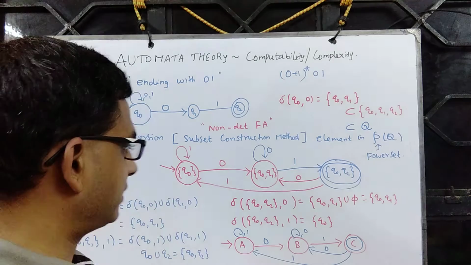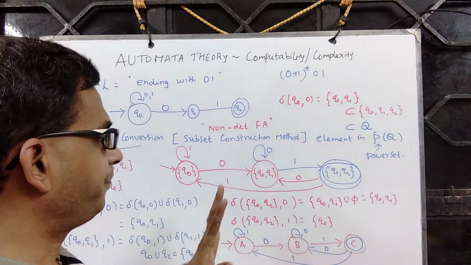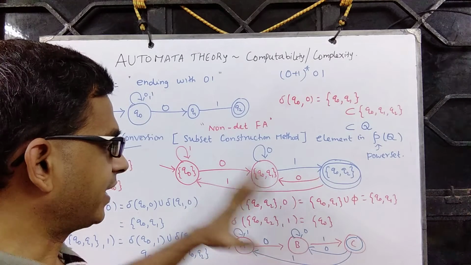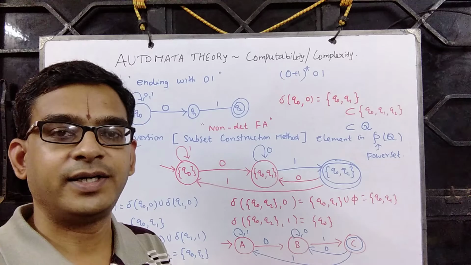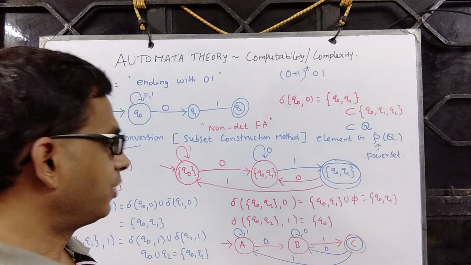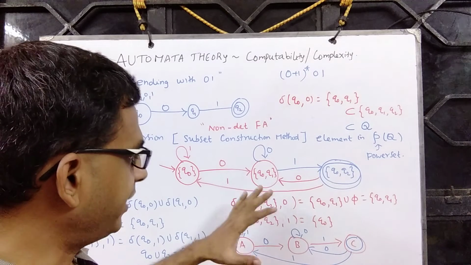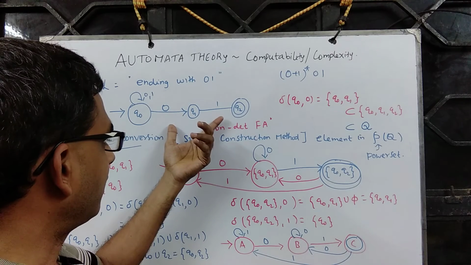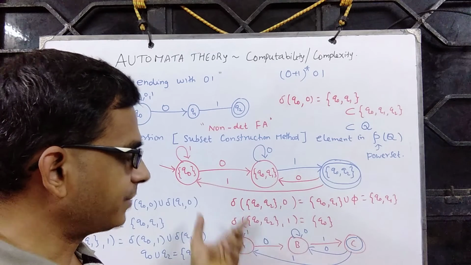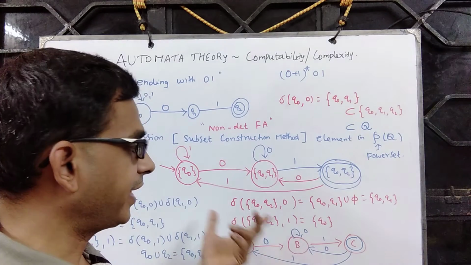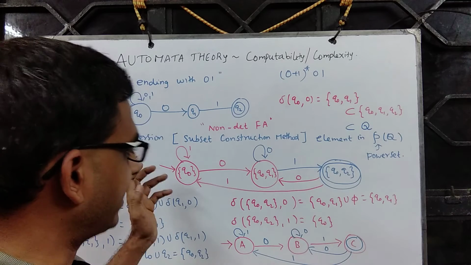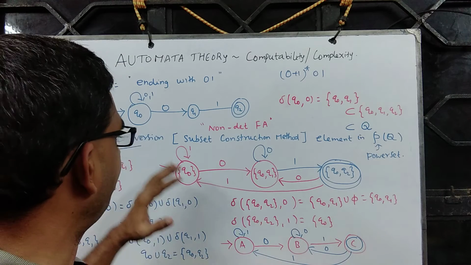So through this subset construction method, given a non-deterministic finite automaton, one can construct an equivalent deterministic finite automaton. Now this can grow, meaning if there are 3 states here, it may so happen that we generate all subsets, meaning we may get 8 states, and leaving out the empty state, we may get 7 of them.